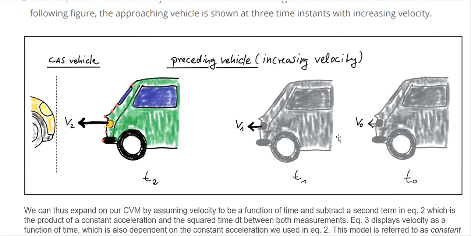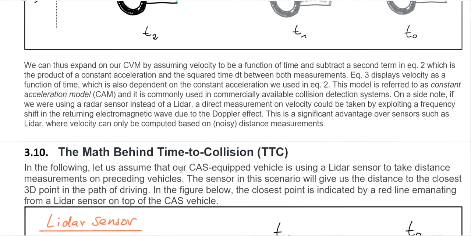The velocity may change after t0, t1, and t2. So we have a different model, which is referred to as the constant acceleration model, CAM. It's different from the constant velocity model, CVM, and it is commonly used for commercially available collision detection systems.